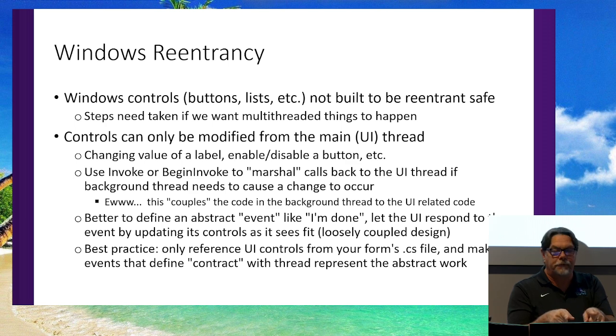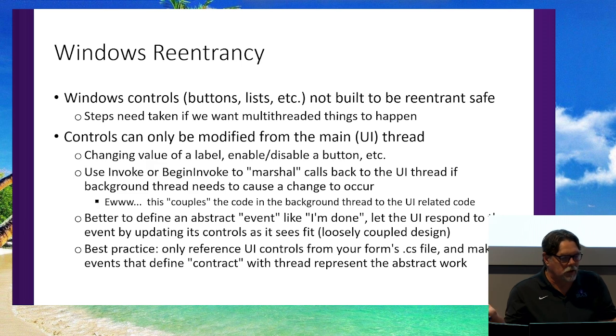The way that manifests itself for us when we're writing our Windows Forms applications in C# is that we want to make sure our UI controls are only getting updated from the main thread. Now, if you're not doing any multi-threaded or parallel programming, background threads or worker threads, any of that kind of stuff, this is not really an issue.